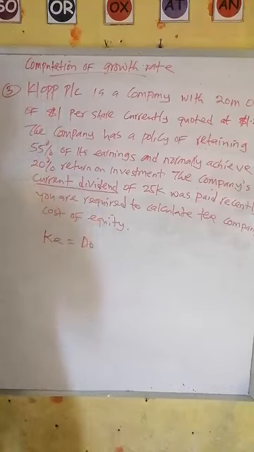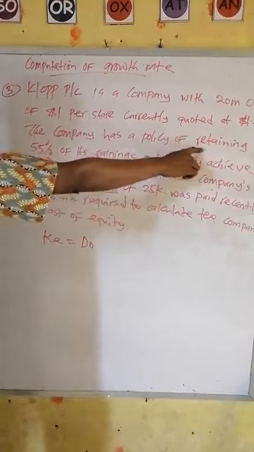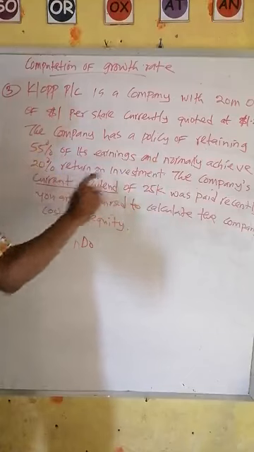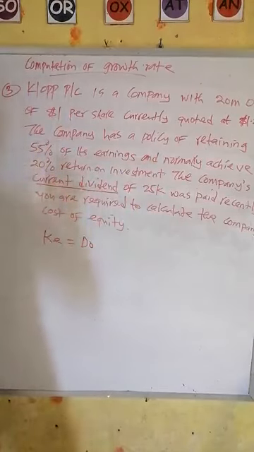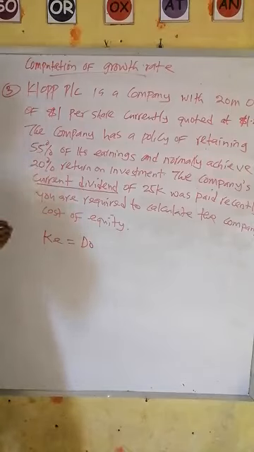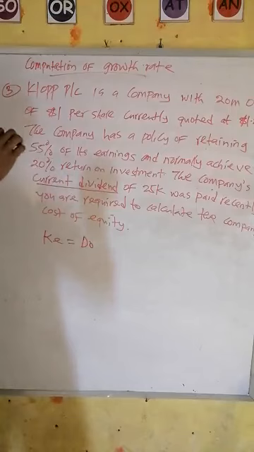What about growth? Is there growth in this question? The company has a policy of retaining 55% of its earnings and normally achieves 20% return on investment. It means there is growth in this question, but we are not given it directly, so you are going to compute your growth rate using the Dividend Growth Model.